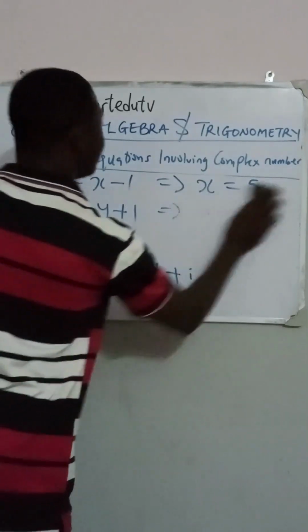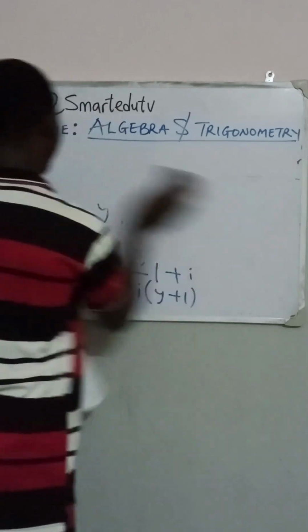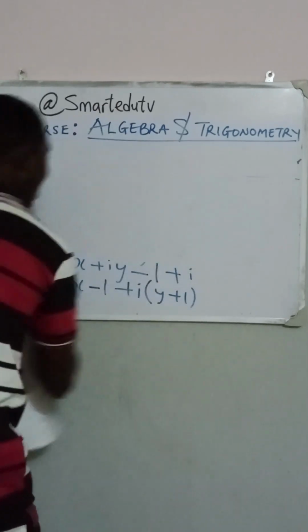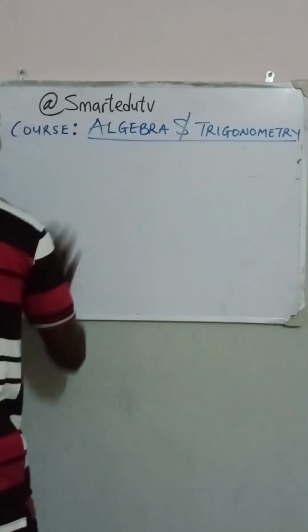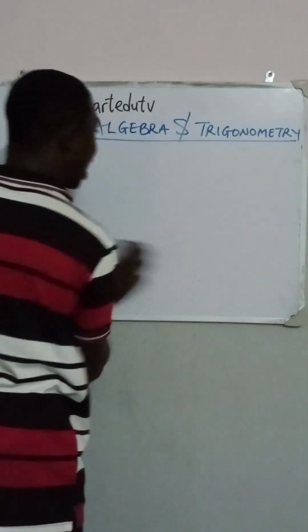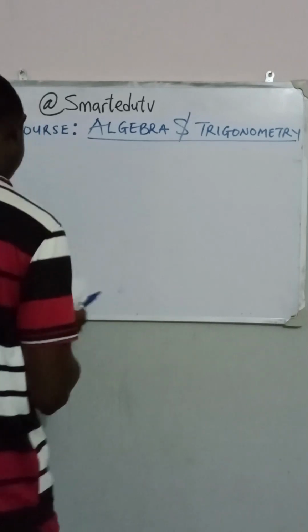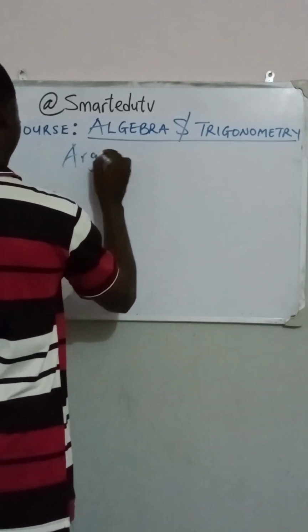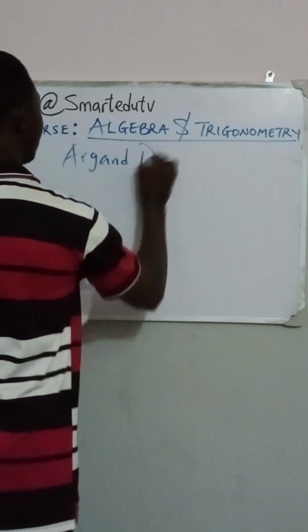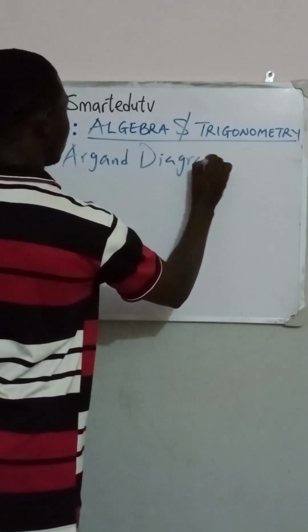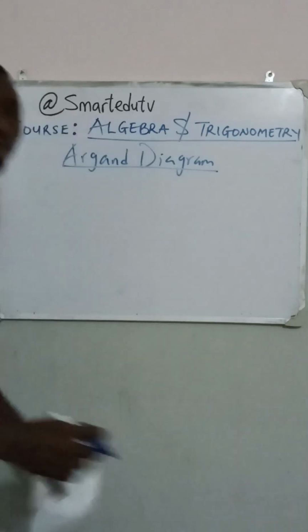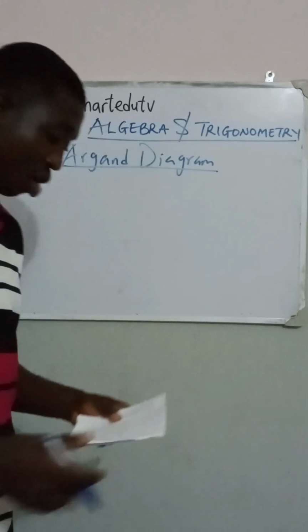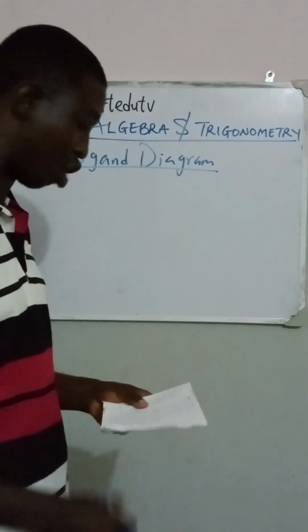It deals with the representation of complex numbers on the XY plane, or the complex plane. So let's look at Argand diagram.